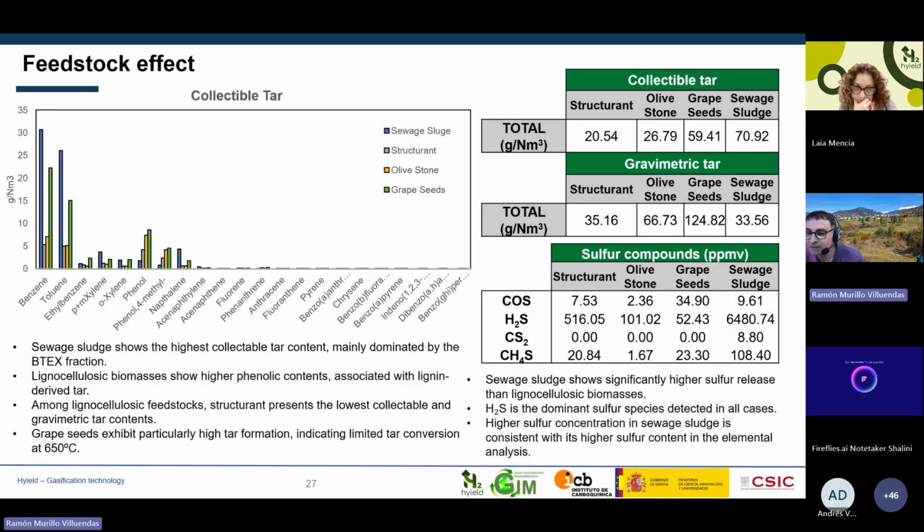The higher sulfur concentration observed for sewage sludge is therefore mainly controlled by its intrinsic chemical composition rather than by operating conditions. This result highlights the importance of feedstock selection when considering downstream gas cleaning requirements and sulfur management.